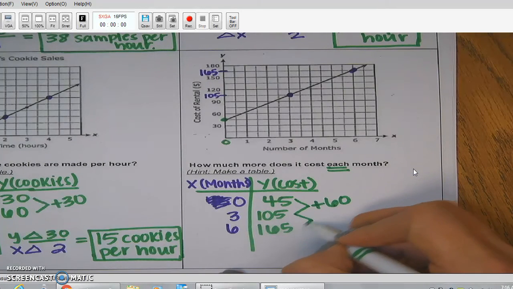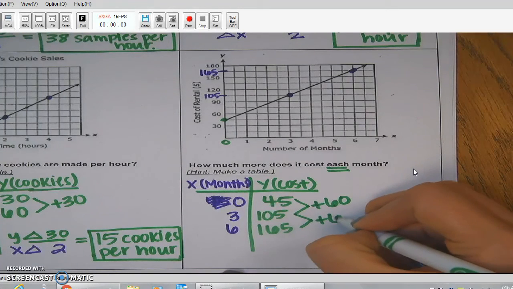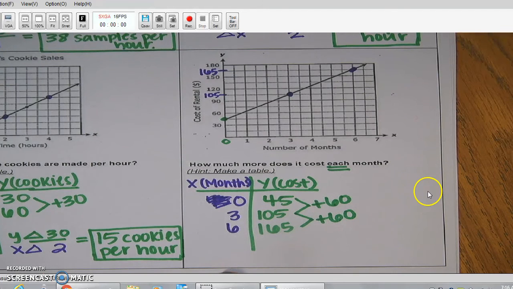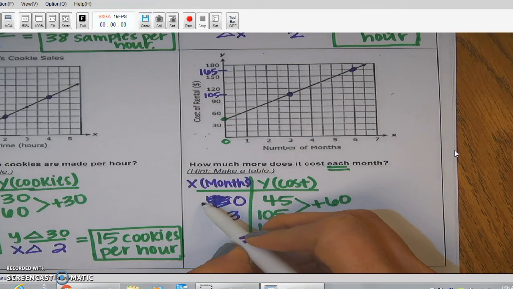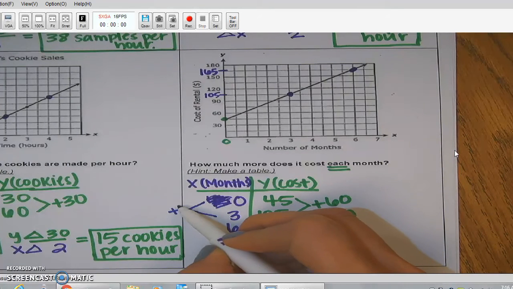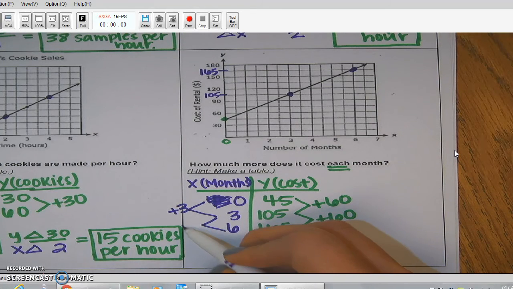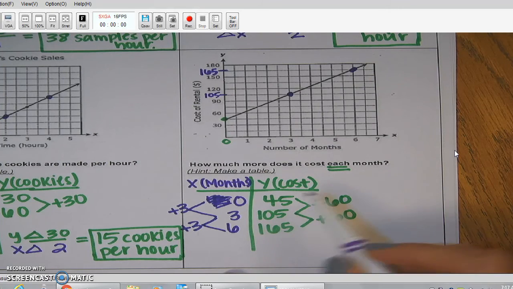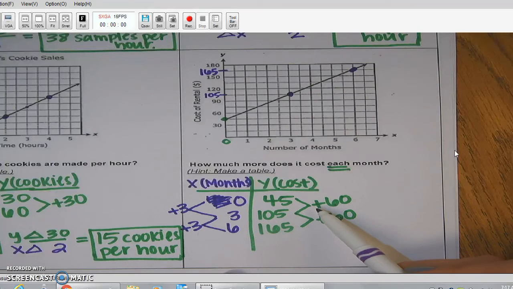And then from 105 to 165, it goes up by another $60. My X values, from 0 months to 3 months, we increased by 3 months. And then from 3 months to 6 months, we also increased by 3. So this tells me that for every 3 months, we added $60 to the cost.